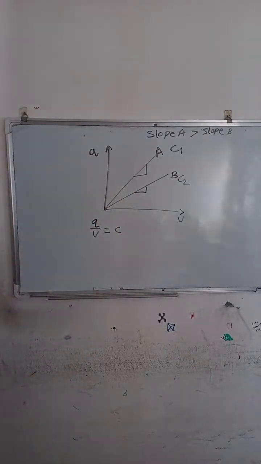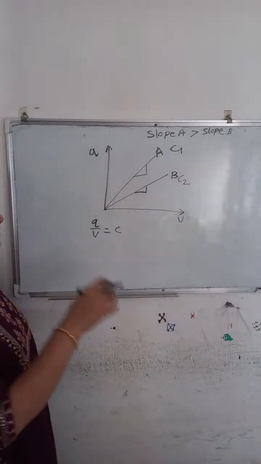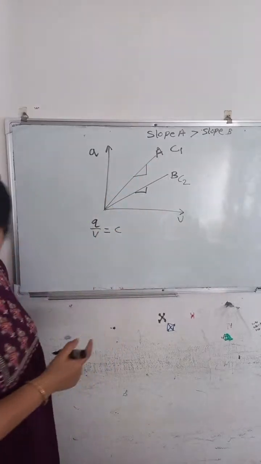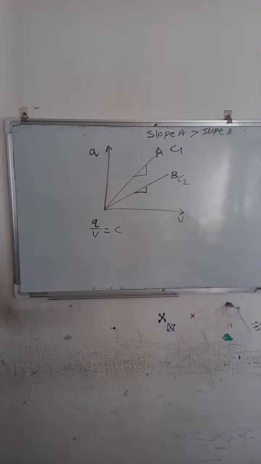Now what are they asking in the question? They are asking which line corresponds to C1 and why. Here the plate area of C2 is greater than C1. Which line corresponds to C1?